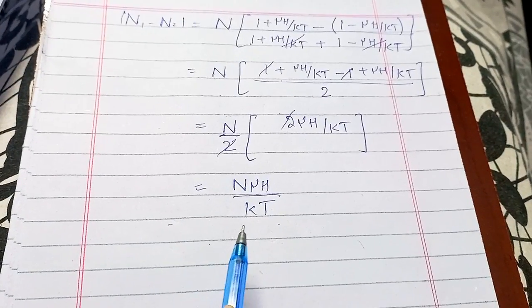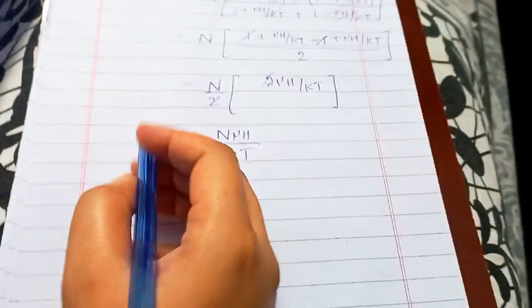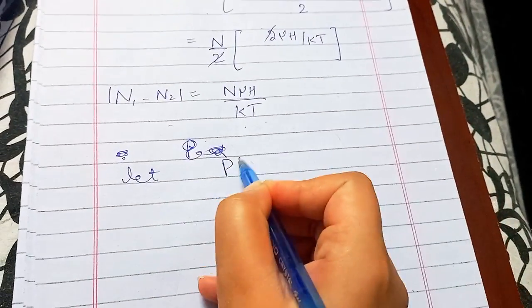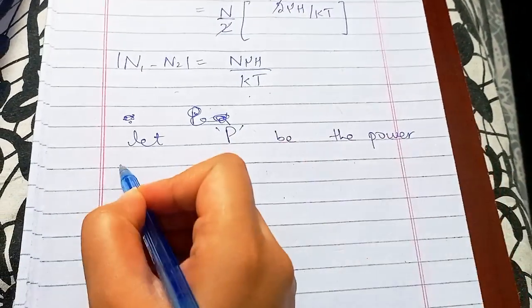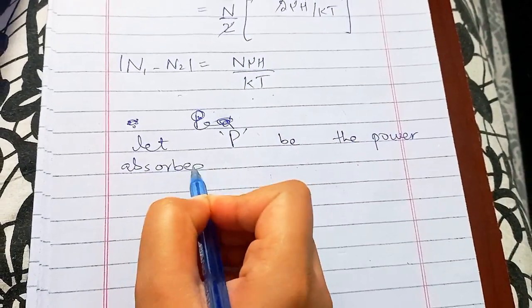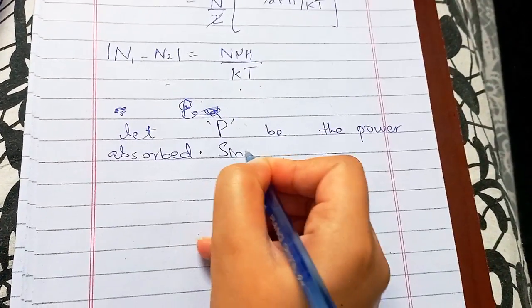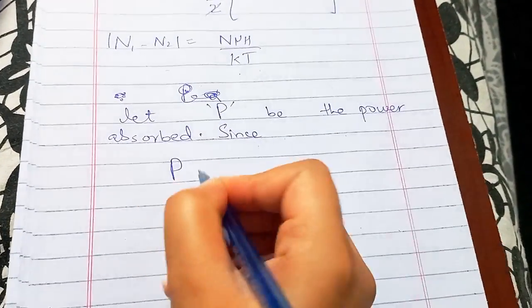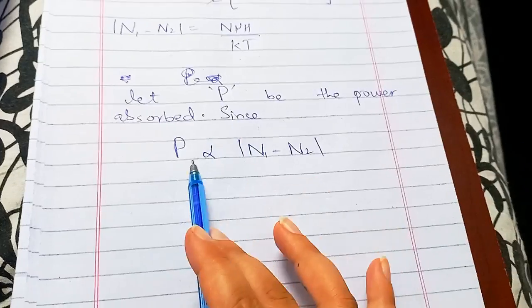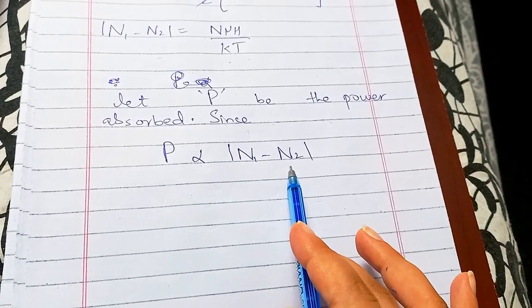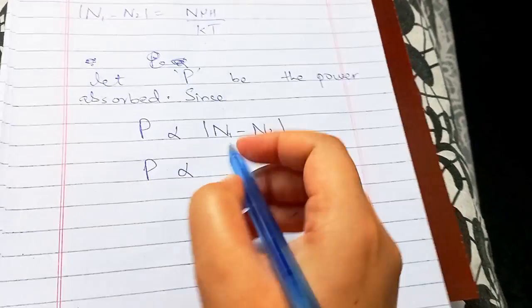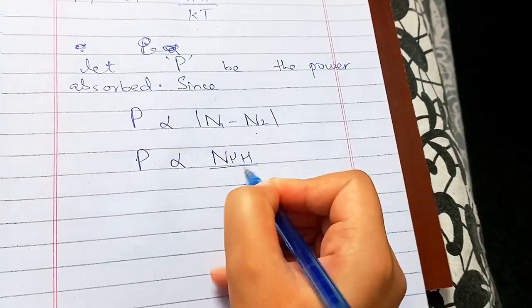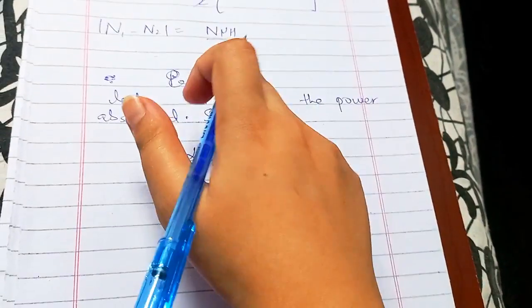As we have reached a really simple expression now, let capital P be the power absorbed, since P is proportional to the difference in the number of nuclei in both of these states, which is this. So P is proportional to N mu h by kT as well, because this is equal to this.